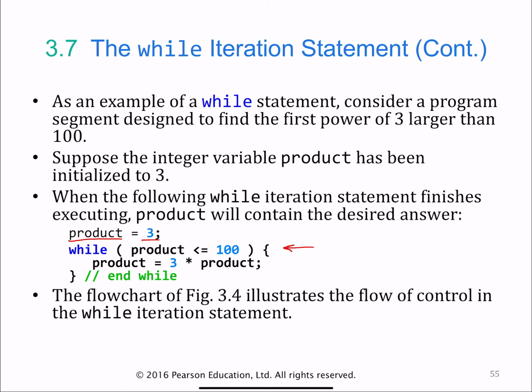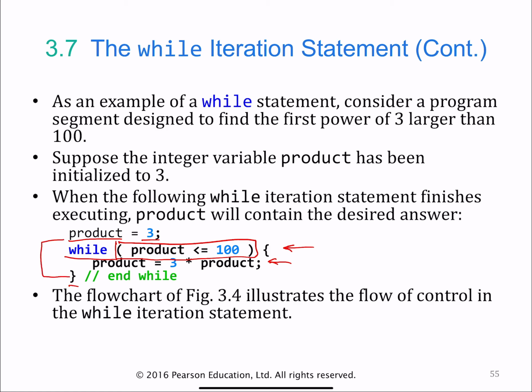The while statement right here checks for this condition. As long as this condition remains true, the code inside the while block is executed. After it's executed, control does not pass on to the line of code after the while block.